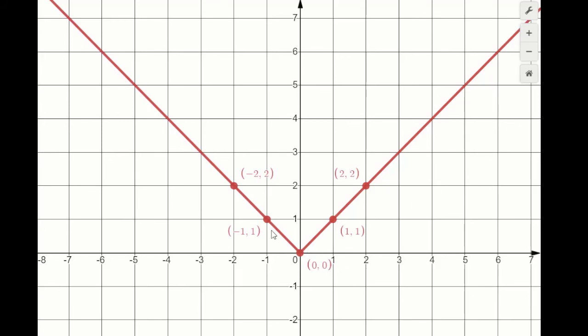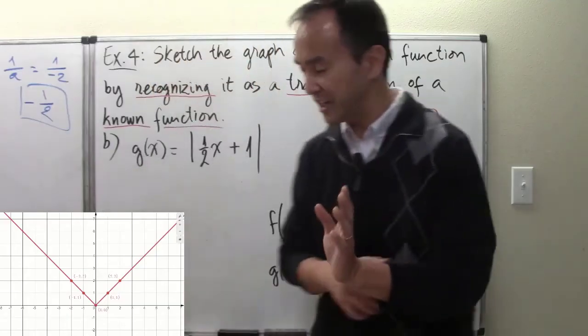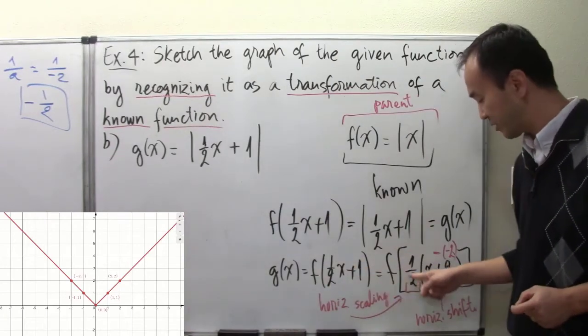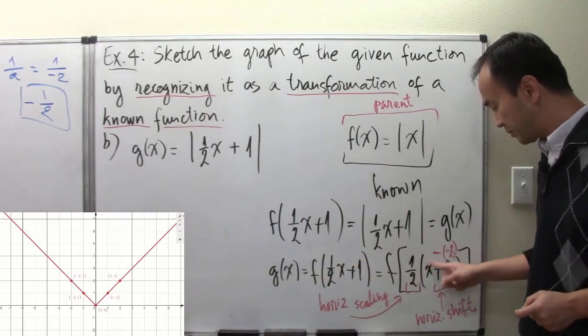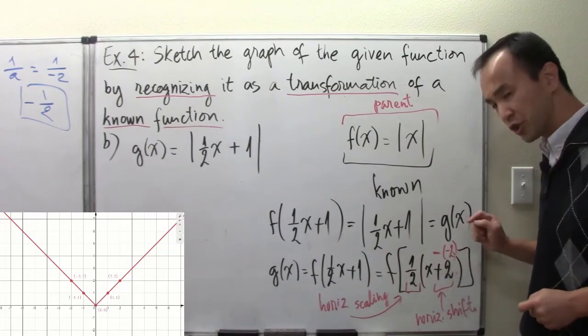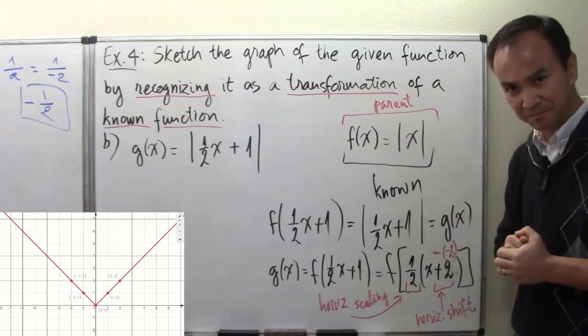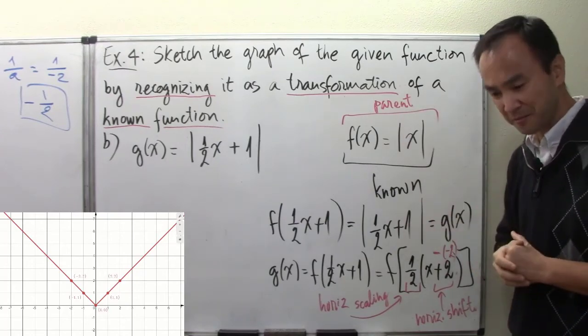These are the points right on the grid that define our shape. It's a V shape, famously. Now we want to see how that shape will be transformed according to this rule over here. So it's f of 1/2 times in parentheses x plus 2. All right, now I'm going to advance to the other board to get the work completed.